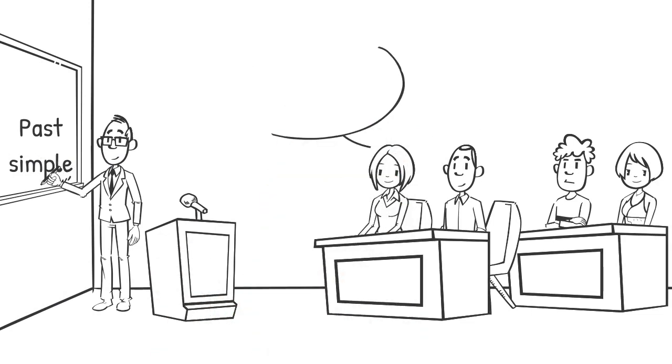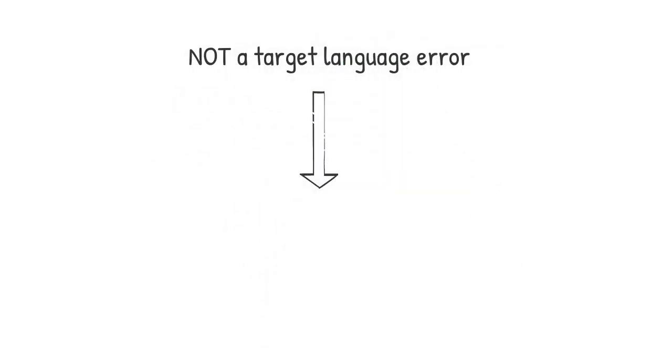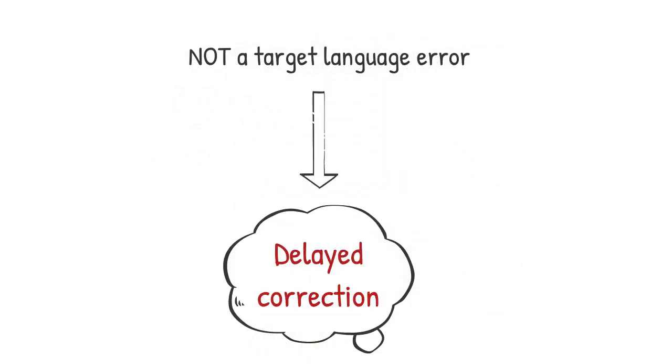And if your student says, "He lived in Austria," she made a mistake with present simple, and this error is not a target language error. So if the answer is no, the error does not concern the target language, then there is no need to correct it on the spot. You can leave it for the end of that activity or that lesson.